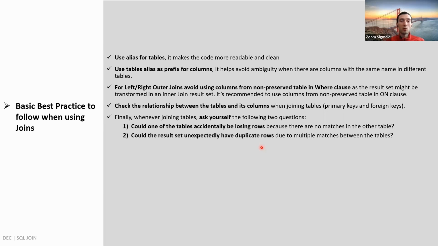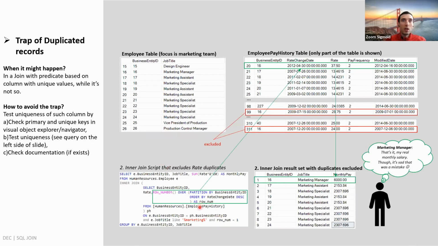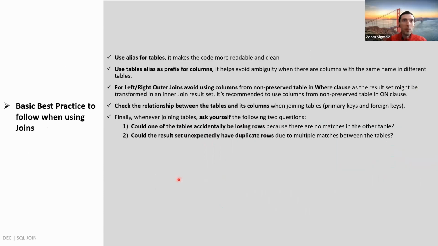It's much easier to follow the columns by those. As you can see, I'm using a letter here. Of course, it's good to give something meaningful, which is much easier to understand and navigate, saying, okay, it's E, it's employee, so it's business entity from employee. So if you give an alias, try to make it a meaningful one.